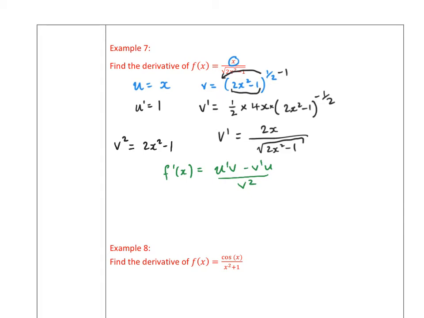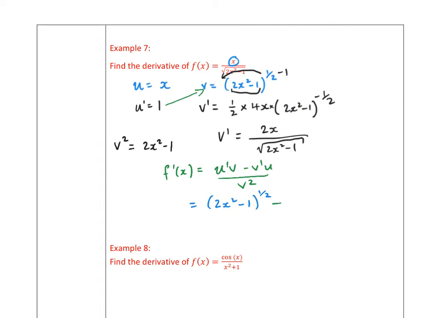So u dash times v is just 1 times the square root of 2x squared minus 1. So we just have that as equal to 2x squared minus 1 to the half, or the square root of that.